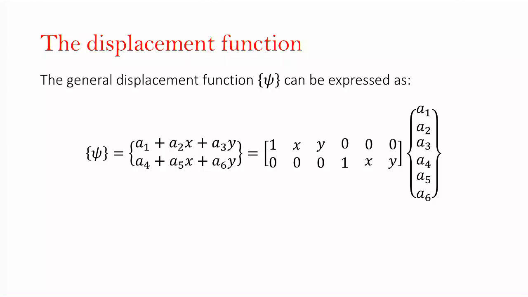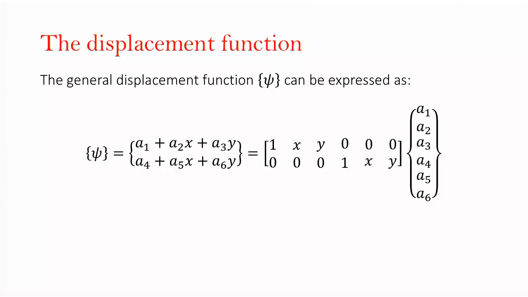So we have a 2 by 6 matrix times the unknown coefficients, which is a 6 by 1 matrix. So now what we want to do is calculate A1, A2, A3, A4, A5, and A6.